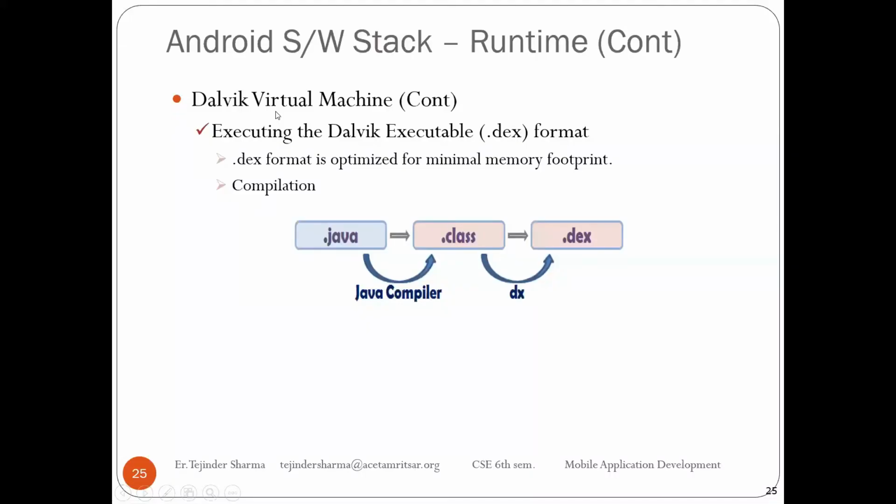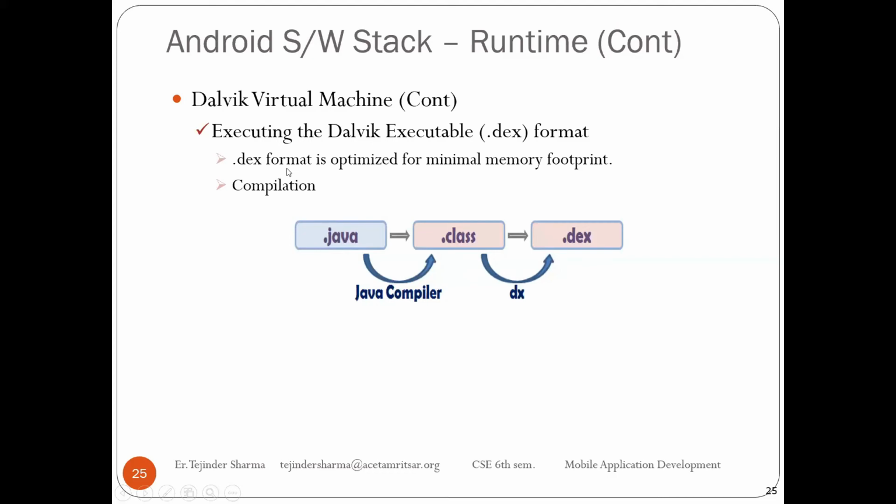Android software stack, Dalvik. Just like the JVM in Java, we have the Dalvik virtual machine in Android. What does that do? It takes our Java file because the primary code of Android is written in Java. Then it is compiled to a class file by the Java compiler. Then the Dalvik executable compiler makes this class file into the DEX file. Fine. So Dex, why is it converted?